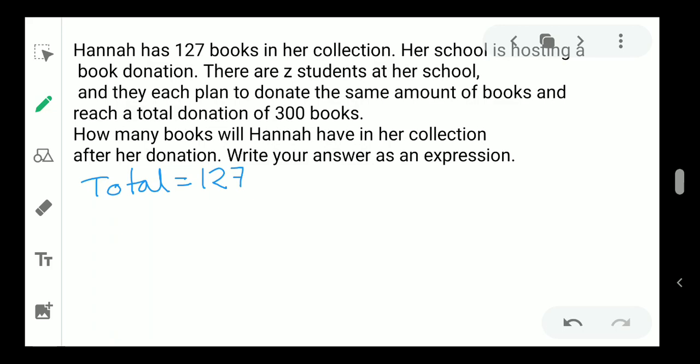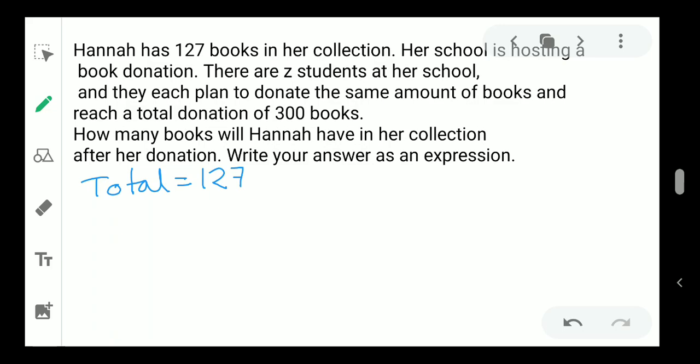Book donation means like a book fair, but students are providing, like distributing their books to people who don't have the books. That is called a donation, like you also do in our school, whatever old books you have, you give them to your junior.